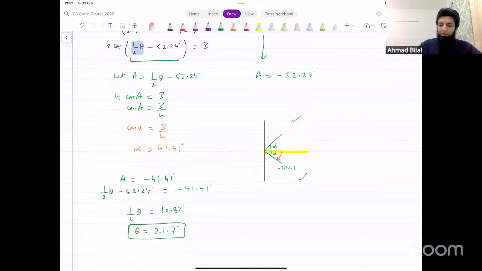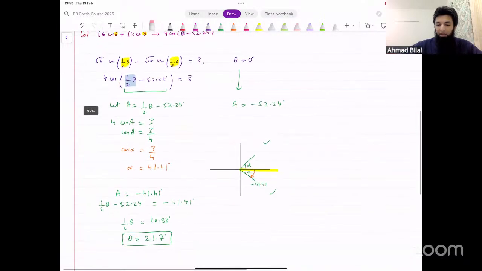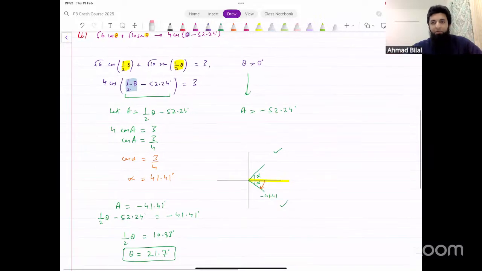That would come from this negative value of A, which is only possible when you adjust the interval. Otherwise, you would not be able to find that. You would miss out on that value. Is that okay? Makes sense to everyone? So in problems like these, it's very important that you do adjust the interval like that.